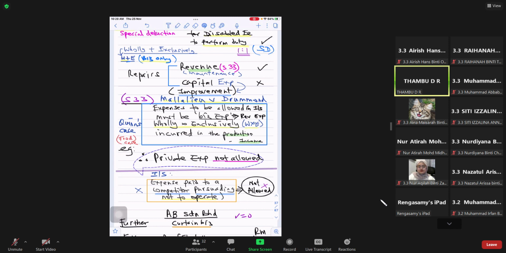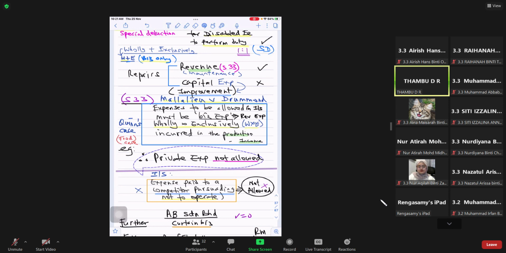If you have a telephone bill, I can break it into business and non-business because I have a printed statement. If you have an electricity bill, say you operate a business from your house, I can install an electric meter. The meter will read, let's say from morning 8 to 5, you are using the house for business.